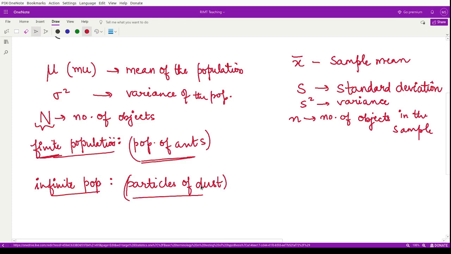Now there are several methods by which you could select your sample. You could select your sample randomly, or based on a certain characteristic. For example, in selecting a sample from BTech students, I may select the students based on their roll numbers, or based on their branches, or randomly.